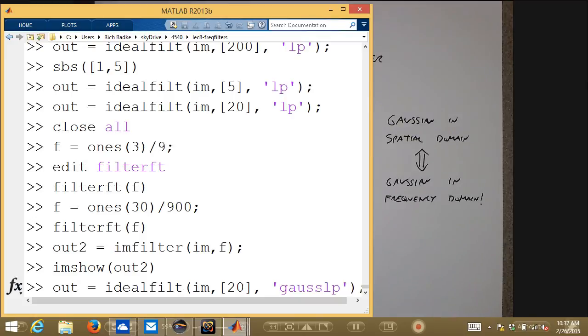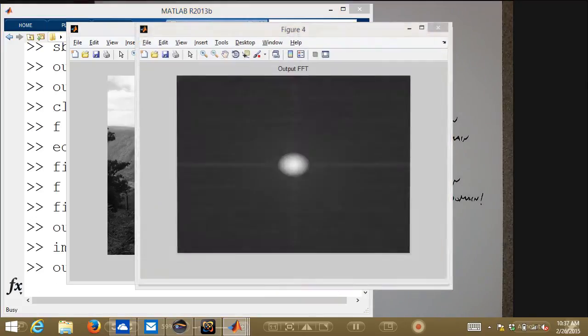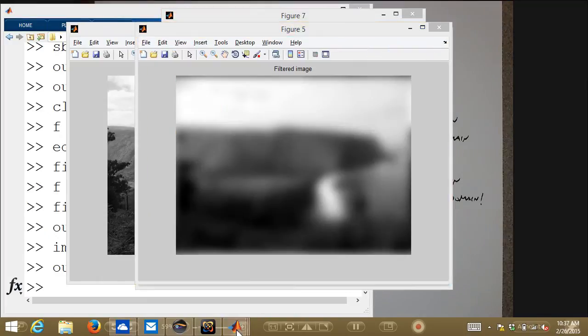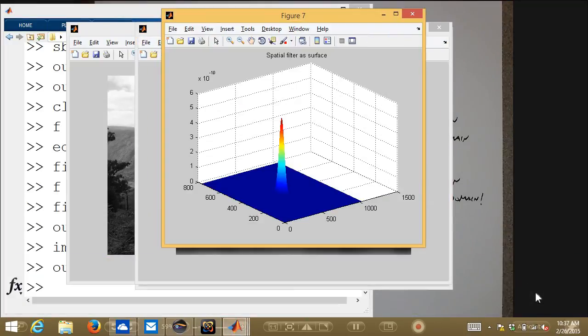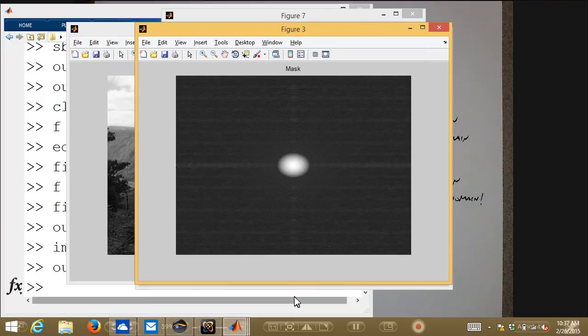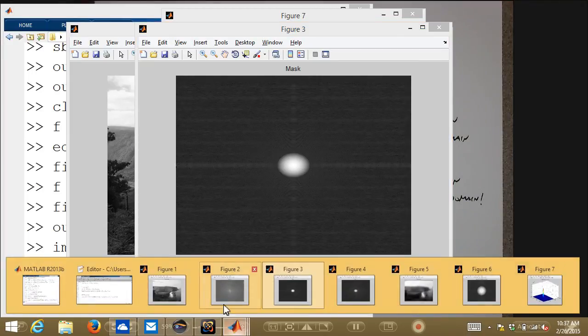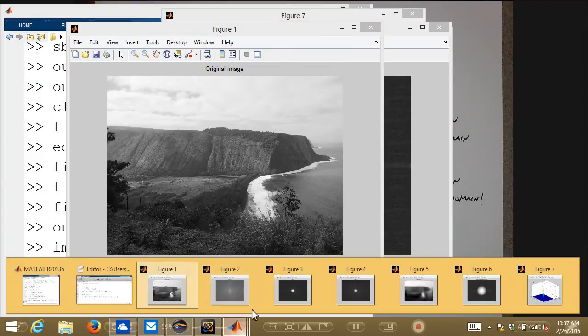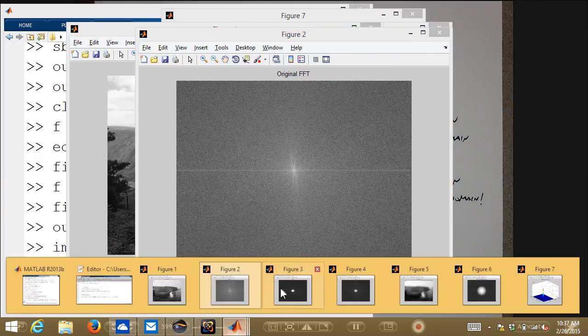And now instead of supplying the hard edges of the box, what I'm really supplying is the variance of this Gaussian. And so here, I can see that this is the effective fall off of the Gaussian, right? So here's the original image.